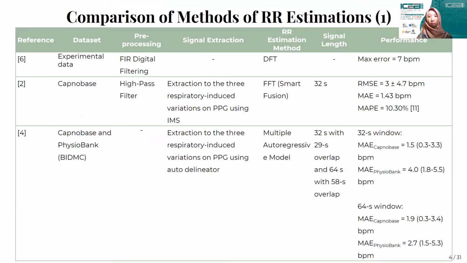There are several methods already developed to estimate respiratory rate from the PPG signal. Here we group them into the pre-processing process, signal extraction process, RR estimation methods, and the signal length. For signal extraction, several methods use the three respiratory-induced variations as we use in our paper.